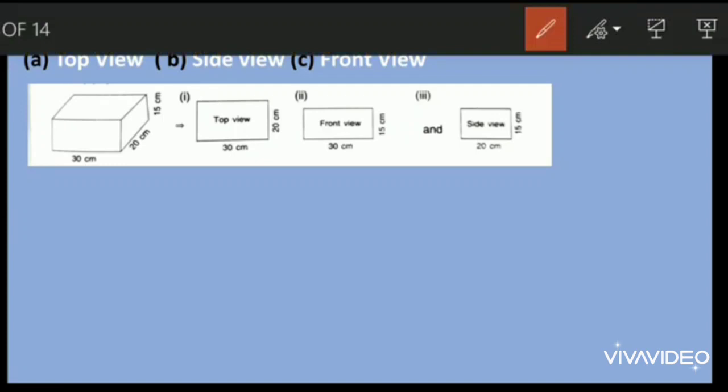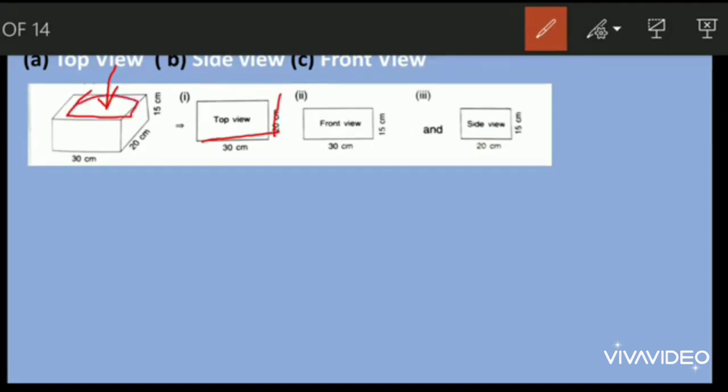Now if we see from the top, we will be able to see that the length is 30 cm and the width is 20 cm. So this is the top view.